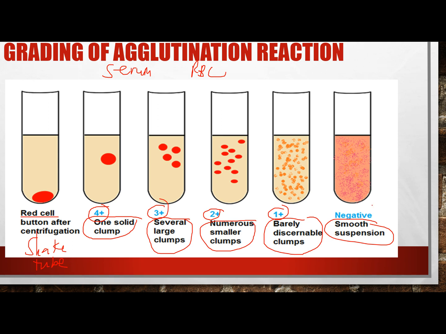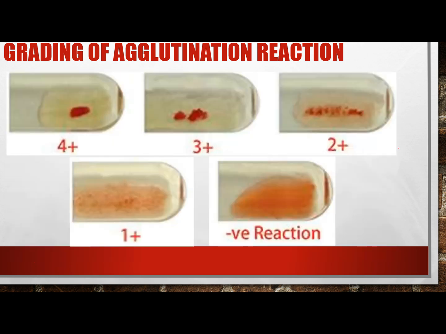And if it's a smooth suspension, as in class, there is no clumping, it's reported as negative. So here is an actual live appearance of the grading: one big clump, larger clumps, a homogeneous negative reaction. So do take note of that.